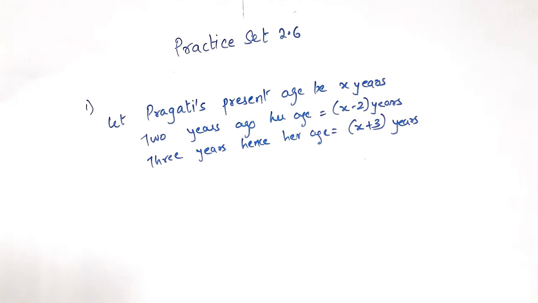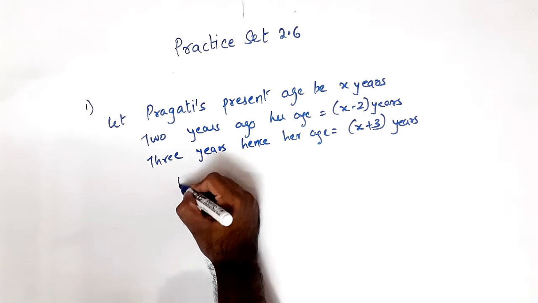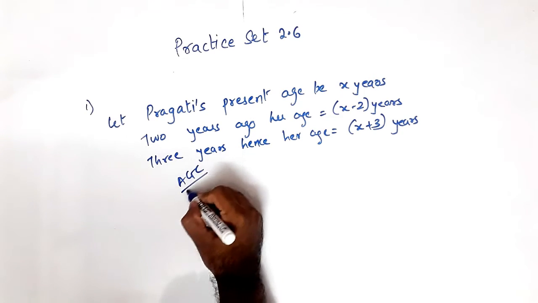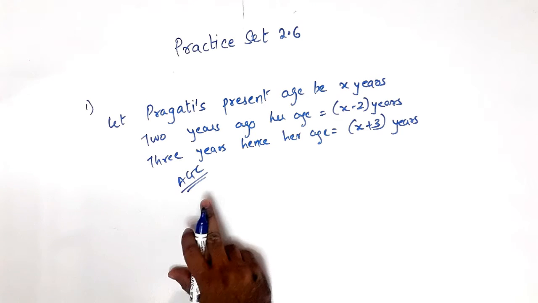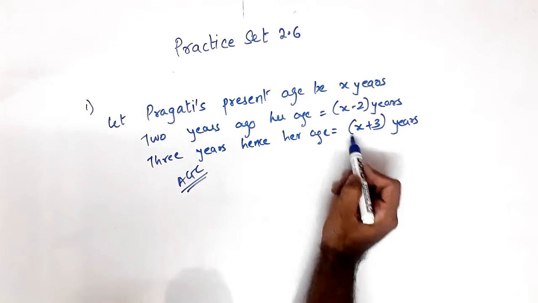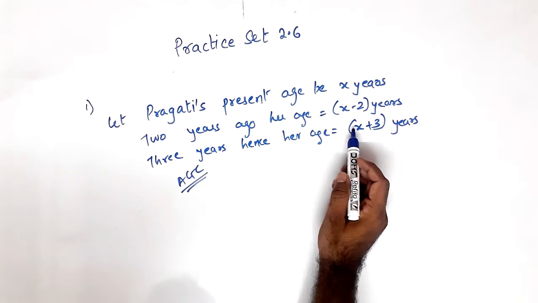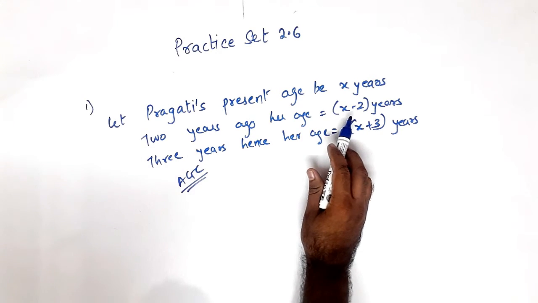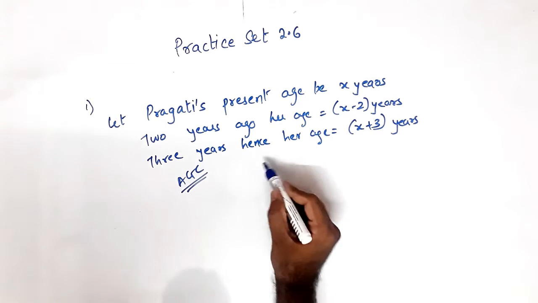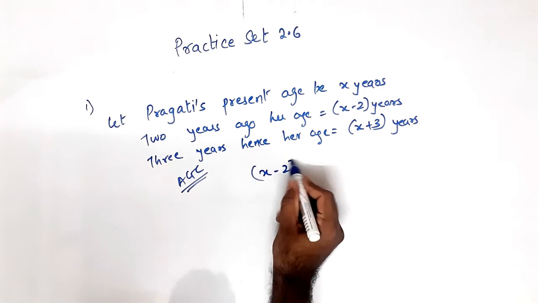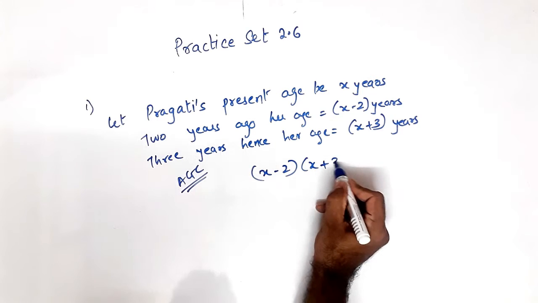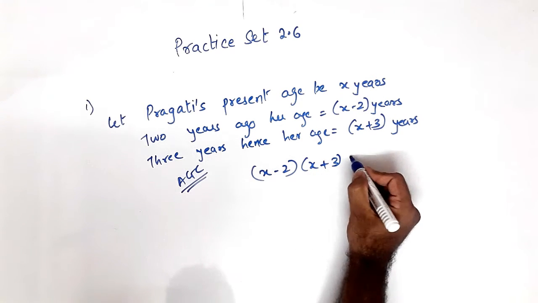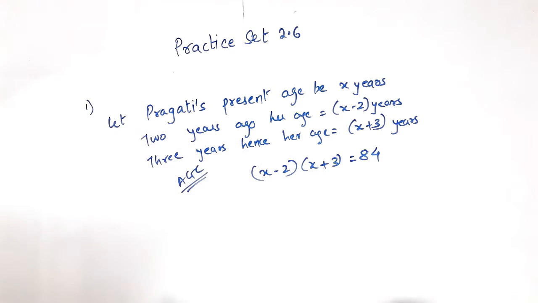Okay, so now what is the given condition? According to the given condition, the product of Pragati's age 2 years ago and 3 years hence, product means multiplication of these two brackets, is equal to 84.